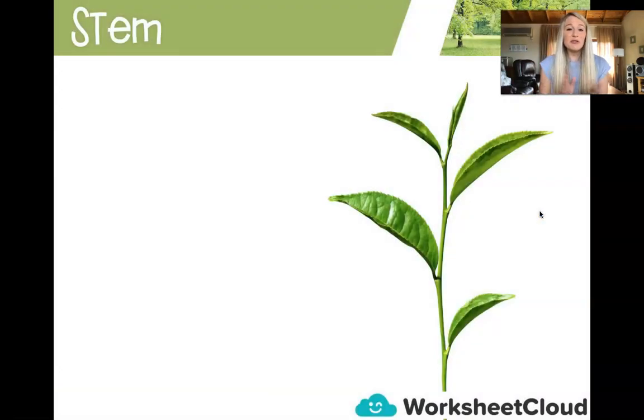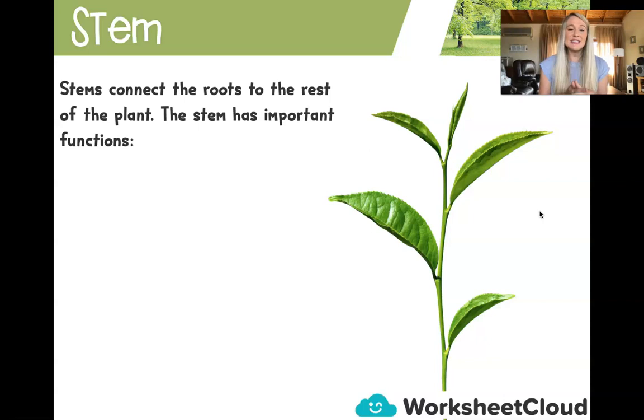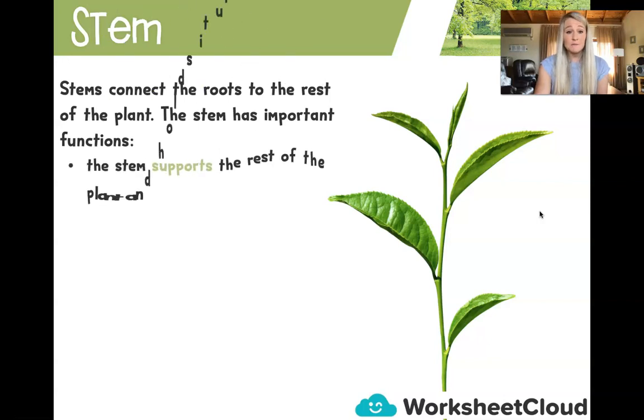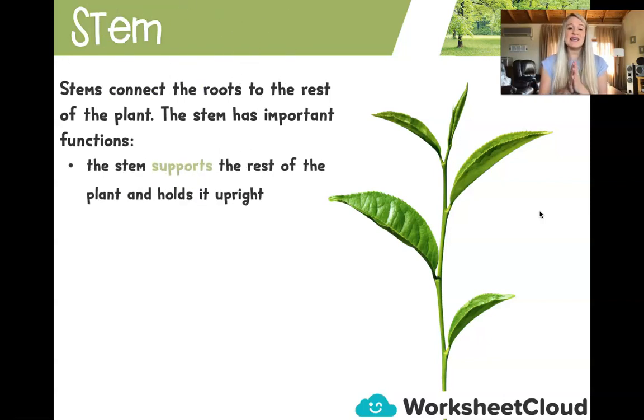Okay, the next part of the plant we are going to look at is the stem of the plant. Now, the stems connect the roots to the rest of the plant, and the stem also has important functions. The first function of the stem is that it supports the rest of the plant and holds it upright.